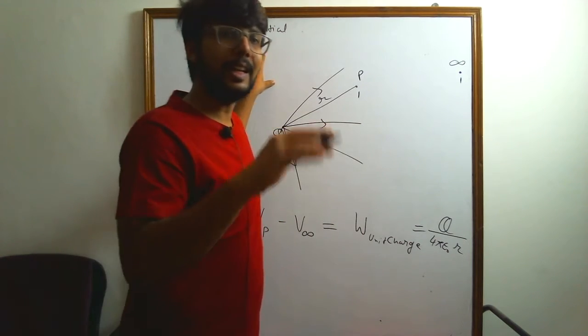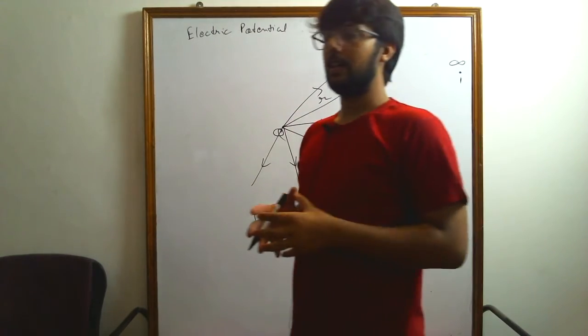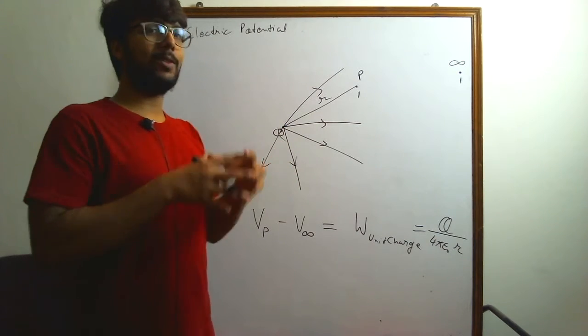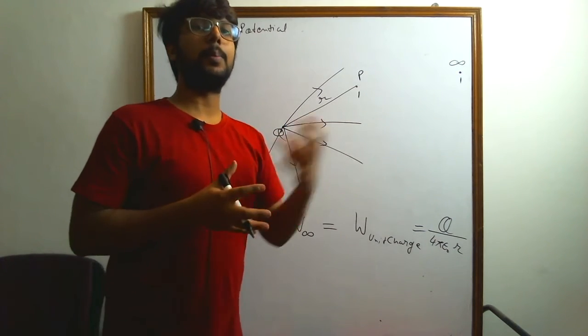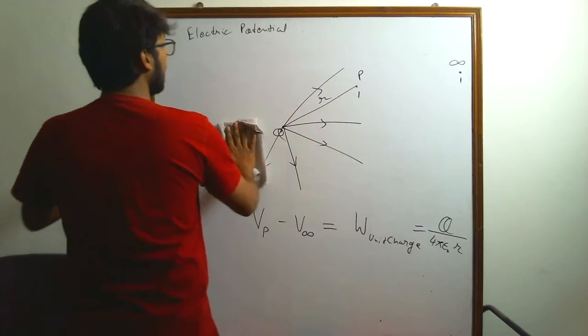And that is it. That is the only difference between electric potential and electric potential energy. The difference is just about what is the quantity of charge that we are bringing, okay, and what is the factor that we are multiplying it with.